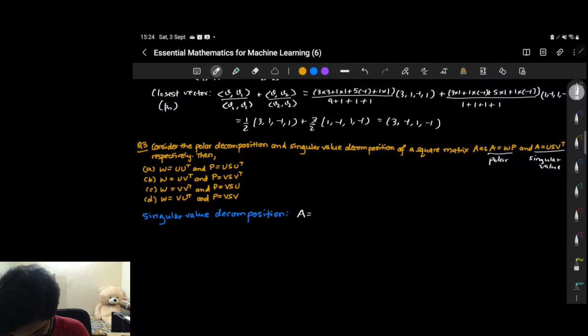A is equal to U S V transpose. Over here, U and V are orthogonal matrices. Orthogonal meaning V transpose V is identity, similarly for U. And S is a diagonal matrix with elements being the singular values.